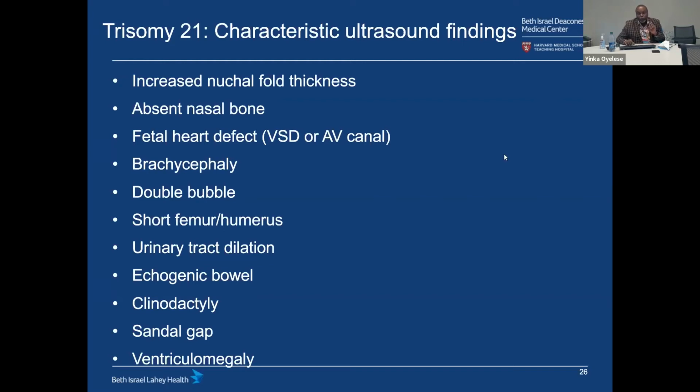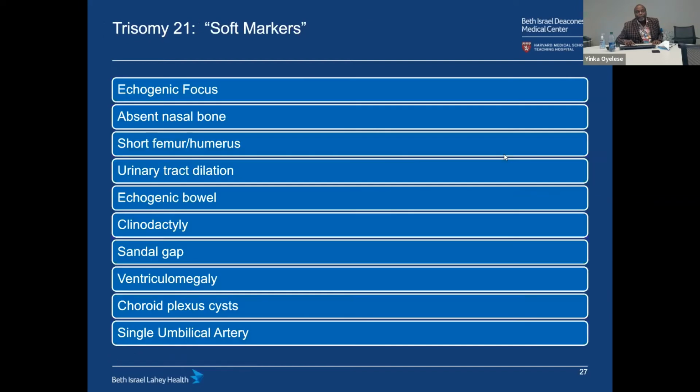And I'm going to go through some of them because we see these very commonly and they cause a lot of distress and concern. So these are what we typically call soft markers, echogenic focus. We see this quite often: absent nasal bone, short femur and humerus, and so on.